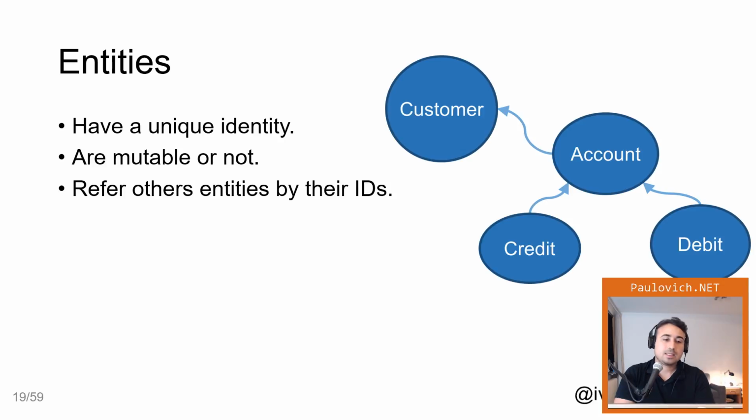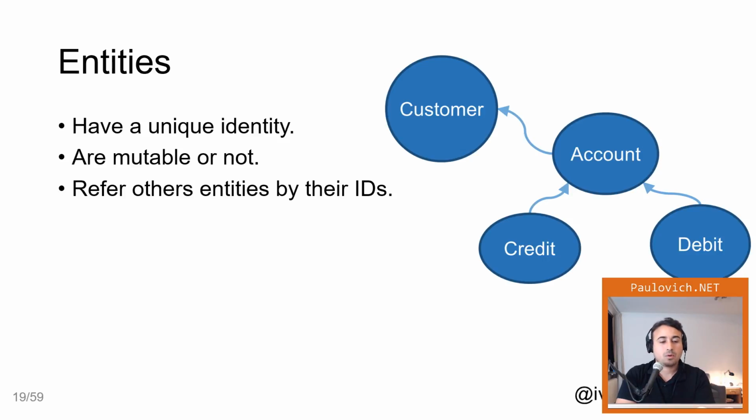Well, there is a pattern called entity in domain-driven design. It is the most popular. It is simple. I can represent it by the customer, account, credits, and debits. They have a unique identity, so they have a unique ID.